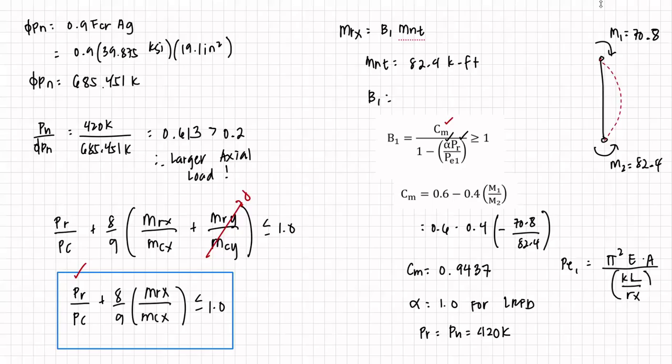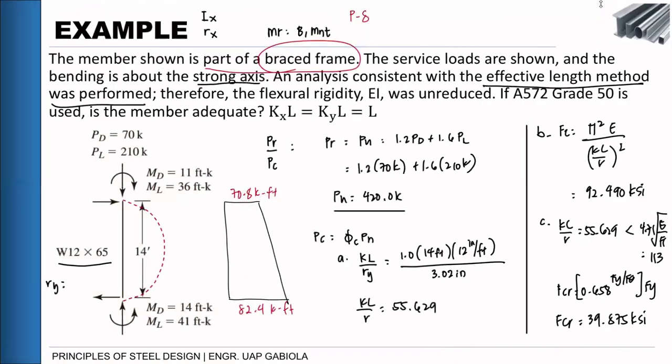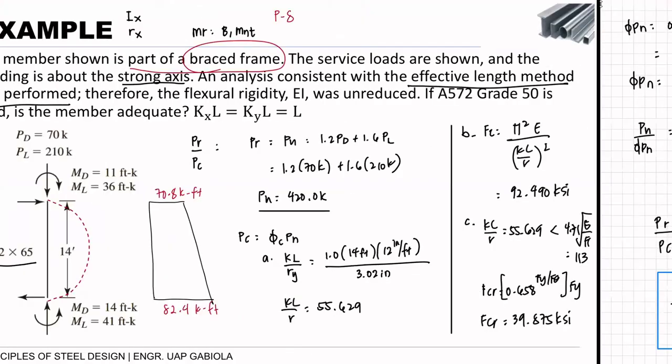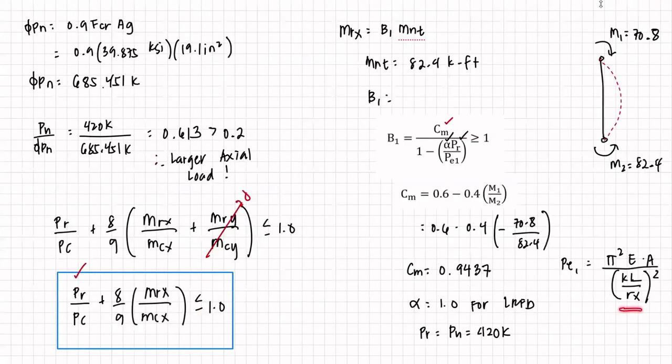Naka-X siya. Kasi yung kaninang na-calculate natin, due siya sa compression, kaya Ry tayo kasi maliit. Mas maliit yung value ng Ry sa weak axis. Kaya ito yung value ng KL over R. Pero since dito, bending tayo about sa plane of bending, KL over Rx na tayo.